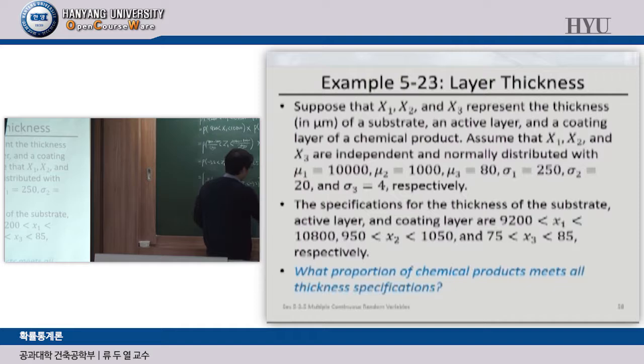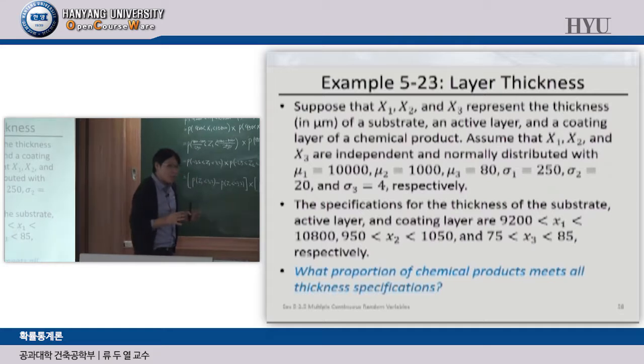And also, this is the probability of Z2 smaller than 2.5 minus the probability of Z2 smaller than minus 2.5, and the probability of Z3 smaller than 1.25 minus the probability of Z3 smaller than minus 1.25.